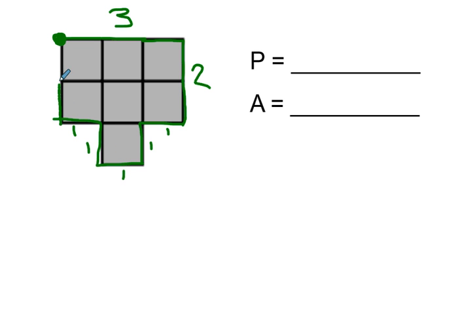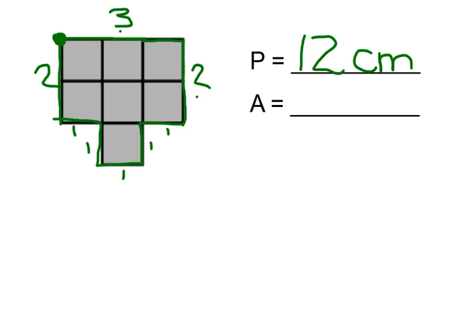And then going up this side again is 2 more. So if I write the numbers down, now all I have to do is add them up. So I know I started here. So 3 plus 2 is 5, 6, 7, 8, 9, 10, and 2 more is 12. So I know my perimeter is 12 centimeters.